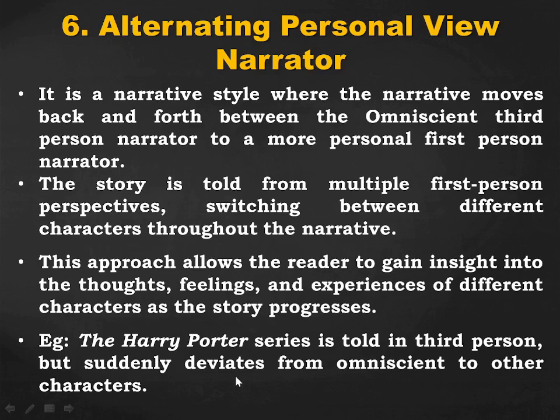So that is the alternating personal view narration, where there will be a kind of a switching or movement back and forth between the omniscient third person narrator to a more personal first person narrator.